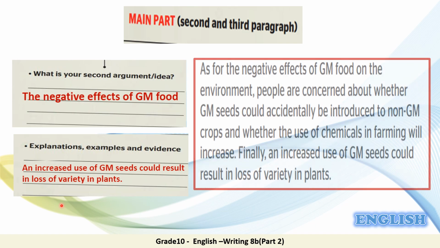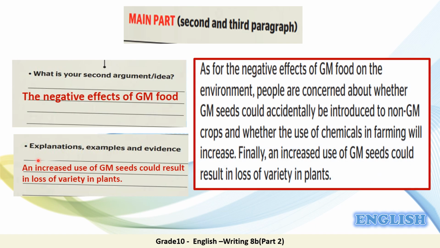Let's check the sample together, starting with the negative effects of GM food. "As for the negative effects of GM food on the environment, people are concerned about whether GM seeds could accidentally be introduced to non-GM crops and whether the use of chemicals in farming will increase."